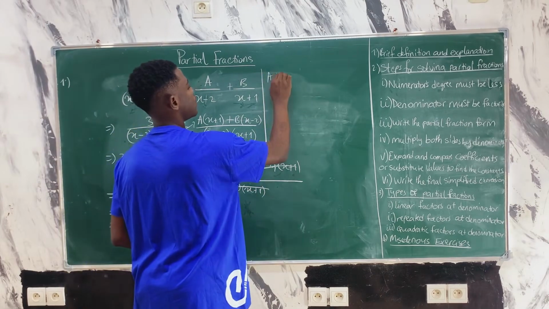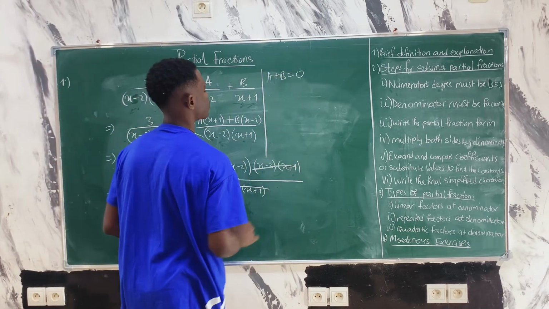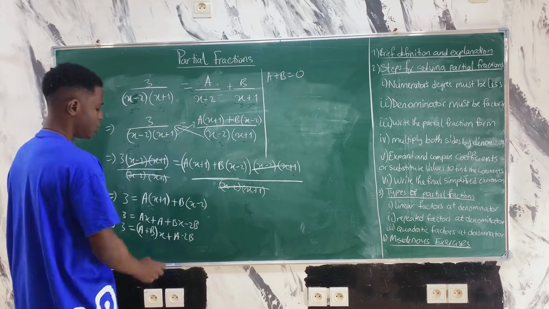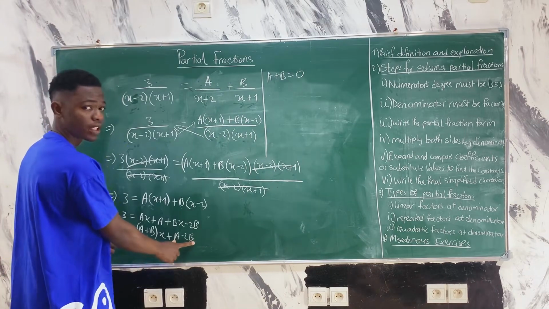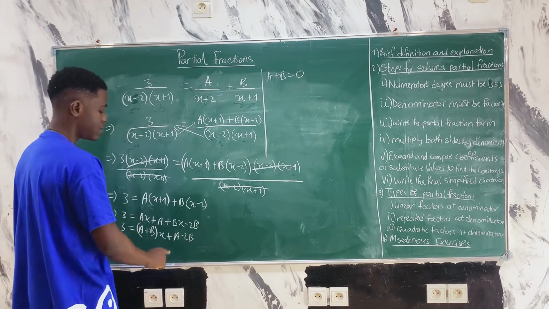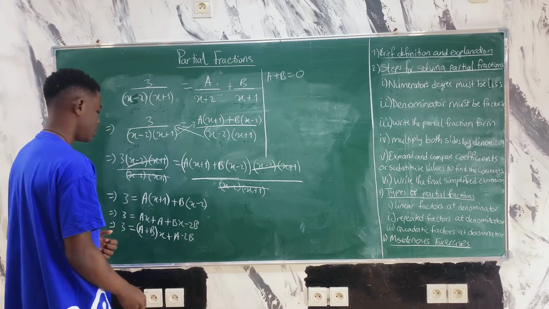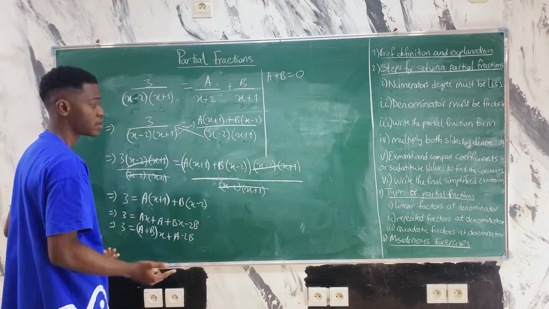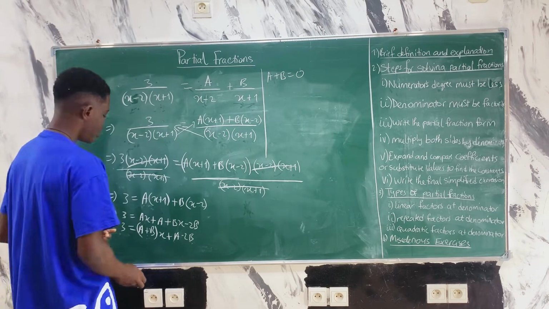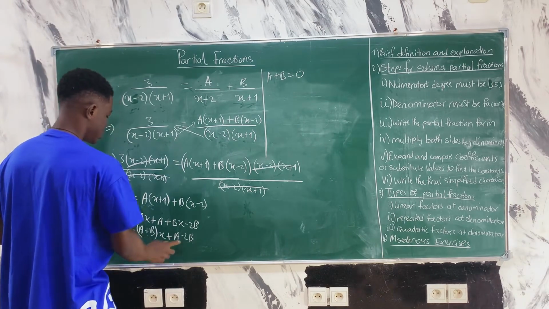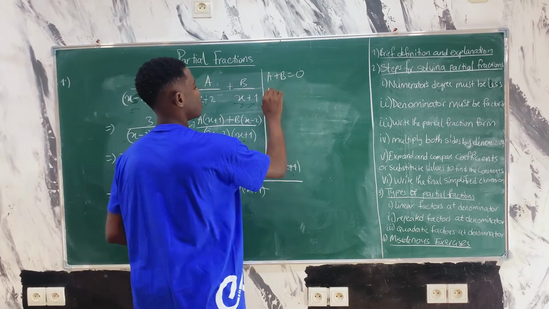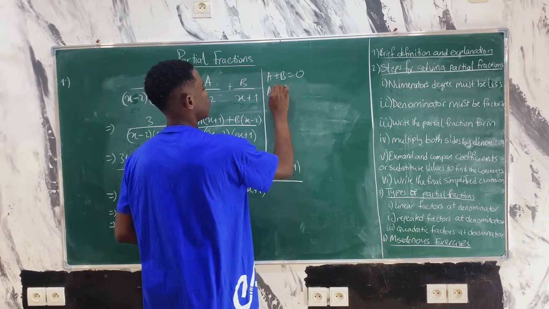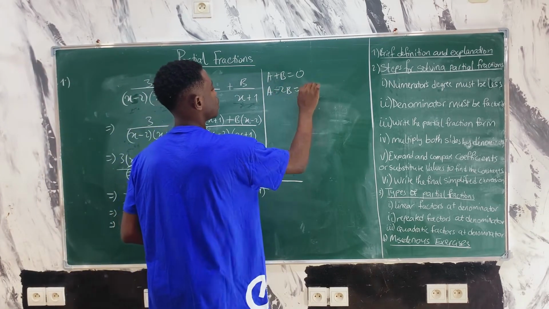So I have a plus b is equal to 0. The values that don't have any x is a minus 2b, and in this case, a minus 2b equals 3 because the other side does not have x. So a minus 2b equals 3.